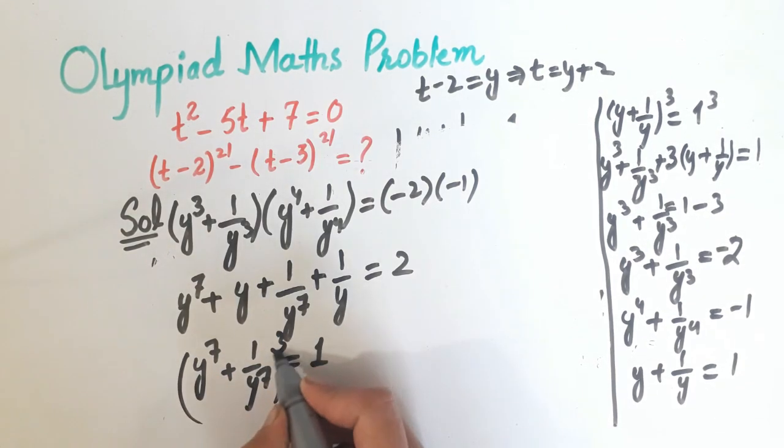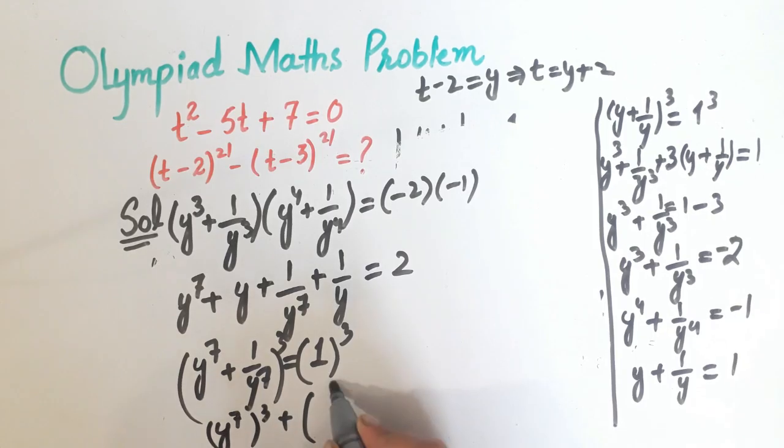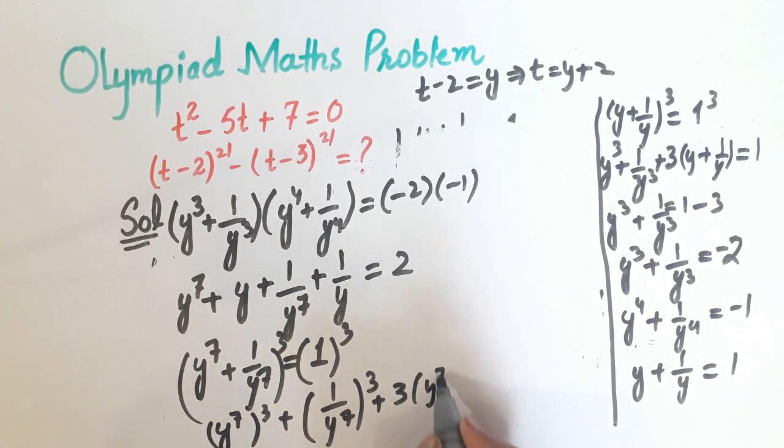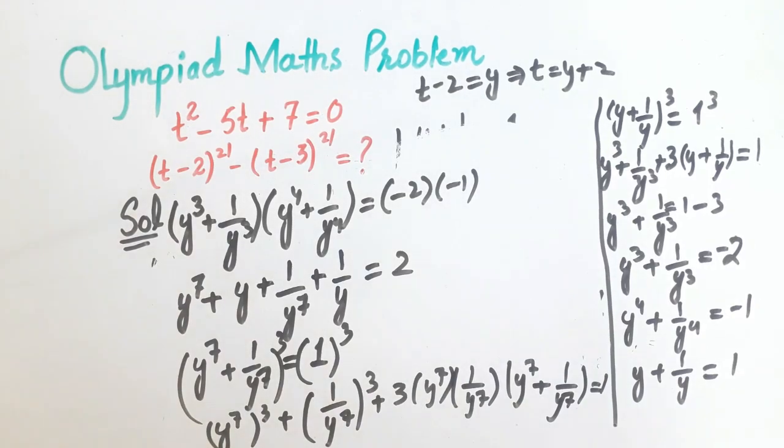Again take the cube of this. We get y7 cube plus 1 over y7 cube plus 3 into y7 into 1 by y7, into (y7 plus 1 by y7), which equals 1.